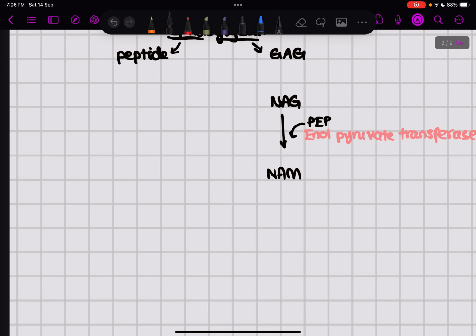Let us jump onto the peptide part. Here, the protein part, we have got alanine. L-alanine is getting converted into D-alanine by alanine racemase.